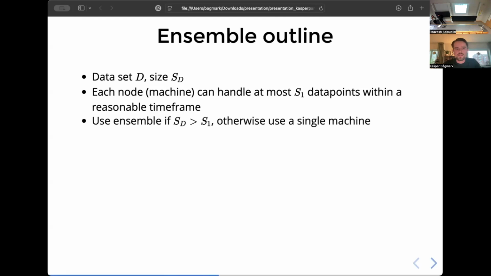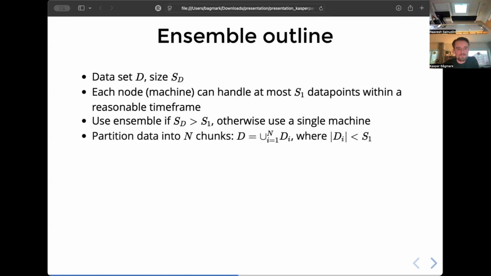So the idea here is that we will use this ensemble approach if this data set is larger than S1. Otherwise, we would perhaps stick to a single machine if that increases our performance. So if the data set is too big, we will partition it into n chunks. They can be of different sizes, but the largest has to be smaller than S1 essentially.